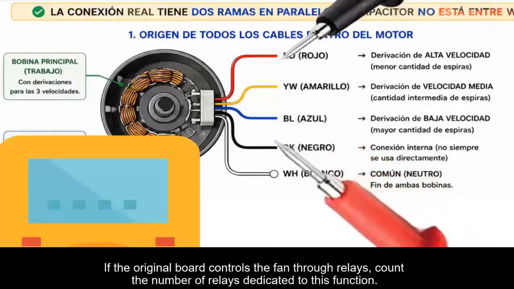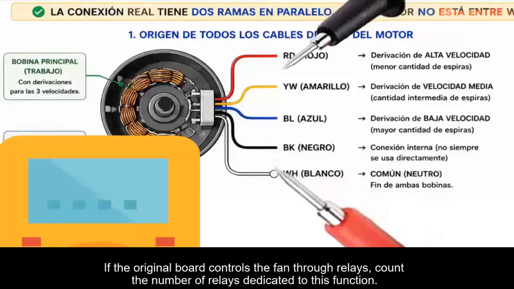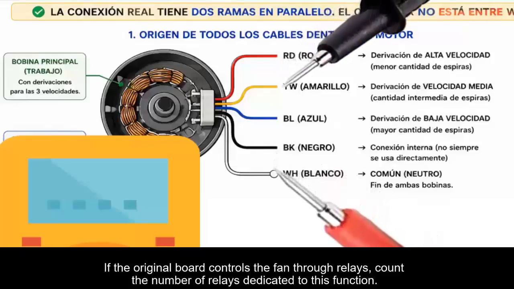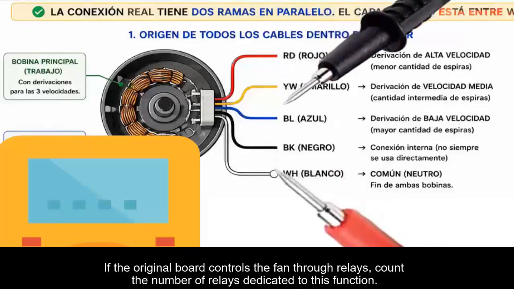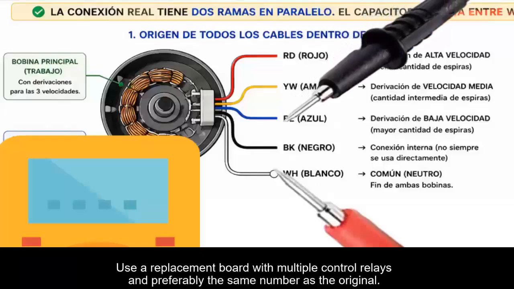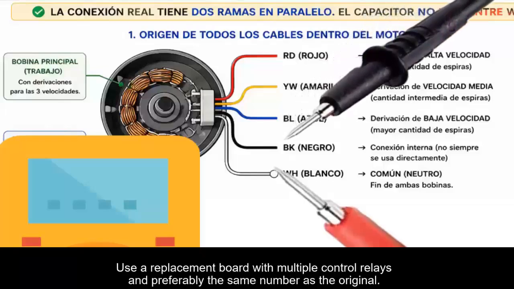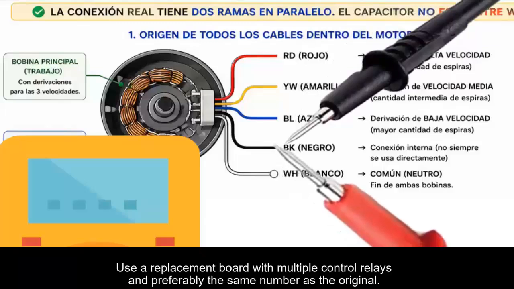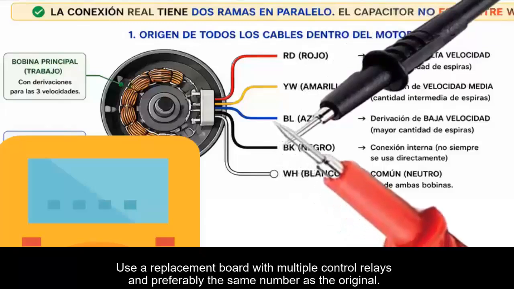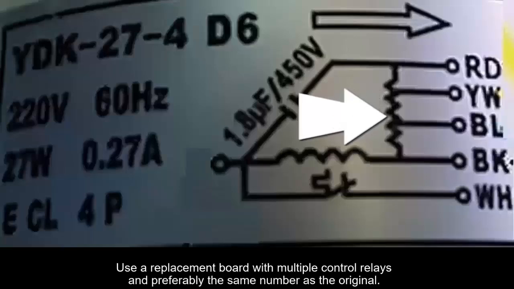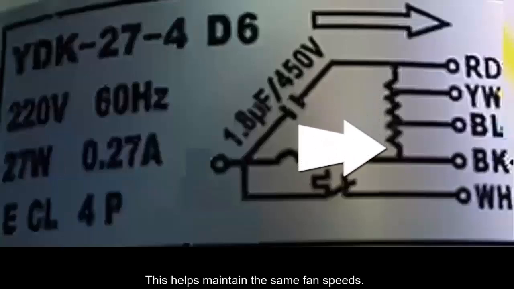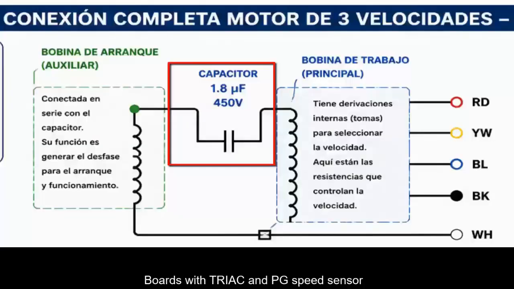If the original board controls the fan through relays, it is recommended to count the number of relays dedicated to this function. When performing the replacement, it is advisable to use a board that has multiple control relays and preferably the same number as the original board in order to maintain the same fan speeds.